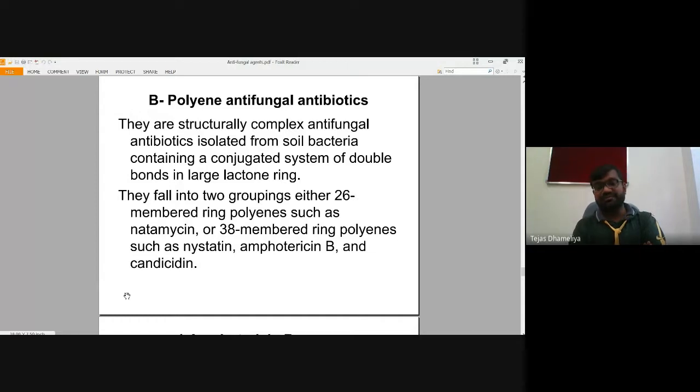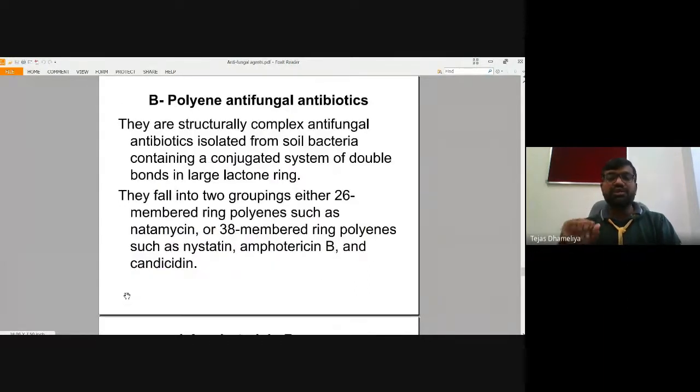Now, after griseofulvin, another substance is a polyene antibiotic, that is amphotericin B. Let us revise what is called amphotericin B or polyene antibiotics.